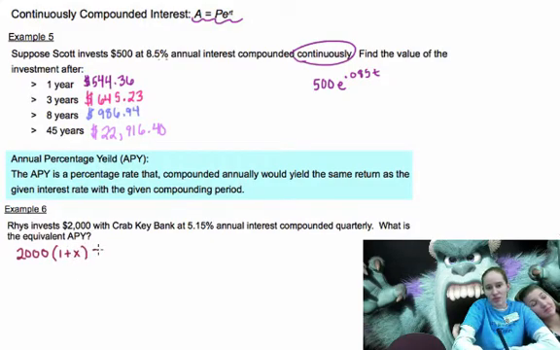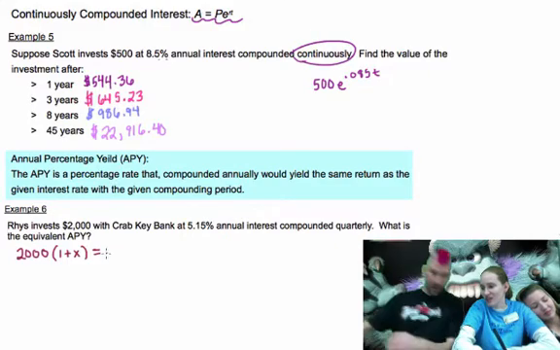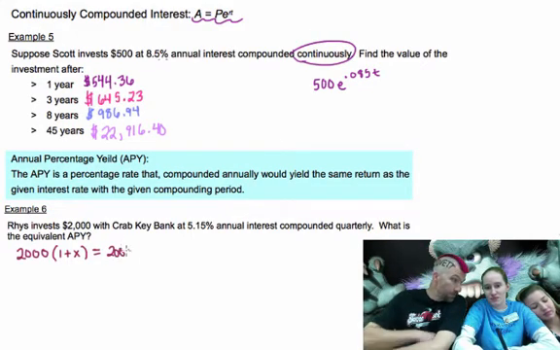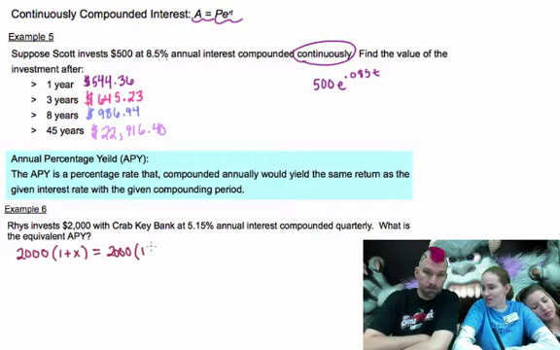So we're going to put a 1 plus X in, and then on the right side, we have 2,000 times 1 plus the interest rate, compounded quarterly, so over 4. Okay, and then our time is we're talking about after 1 year.